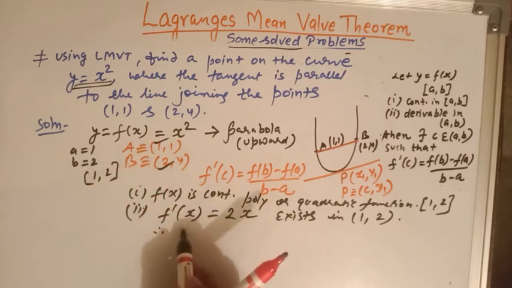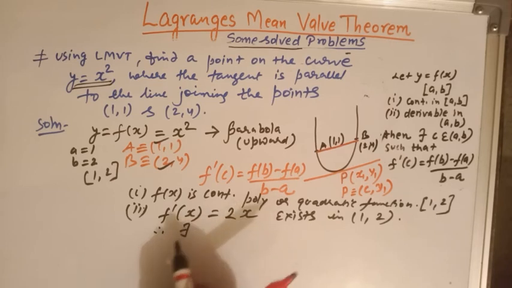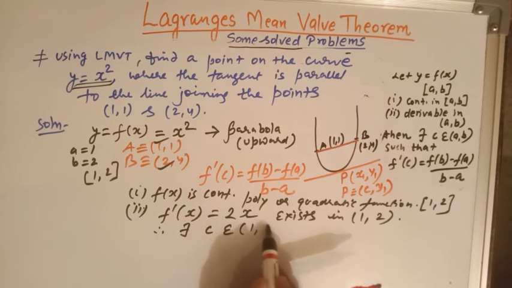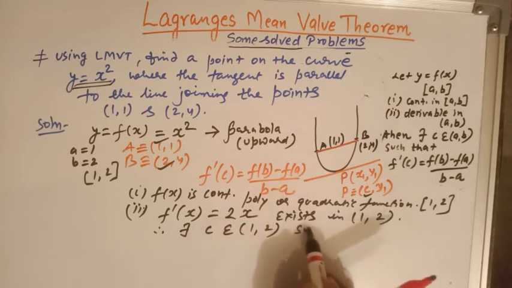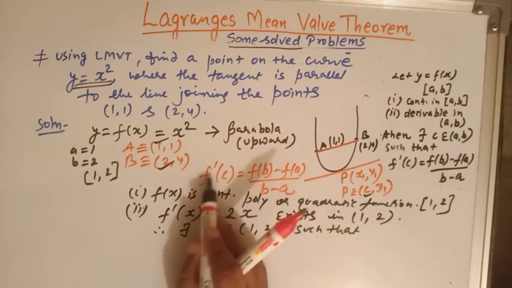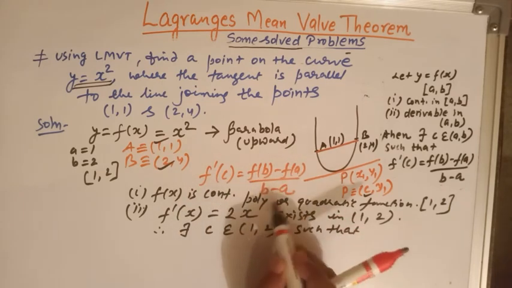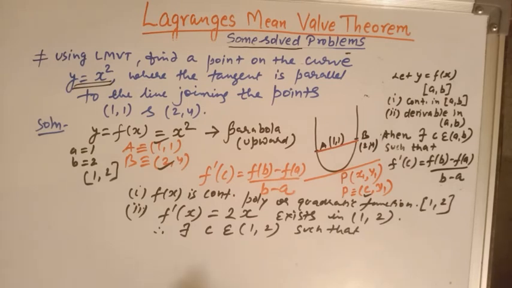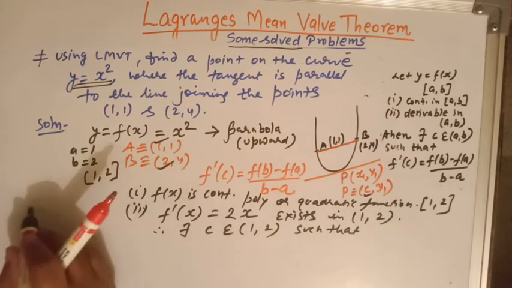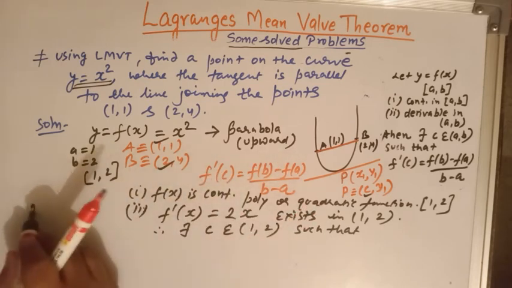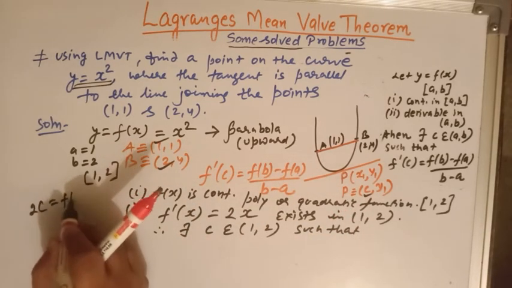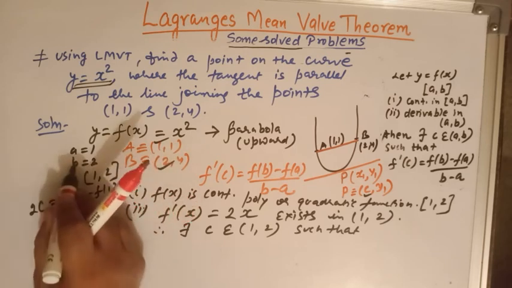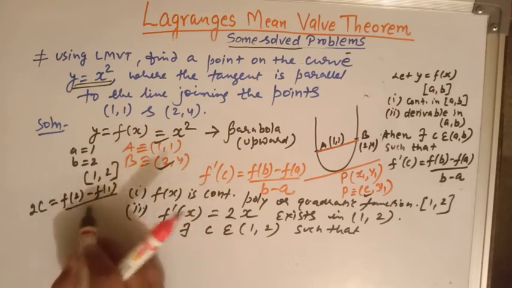Therefore, there exists a c belonging to (1, 2), and this is the point c here, such that f prime of c is equal to f(b) minus f(a) over b minus a. Let us find: f prime of c can be written as 2c. And f(b) minus f(a) is f(2) minus f(1), because b is 2 and a is 1, over 2 minus 1.